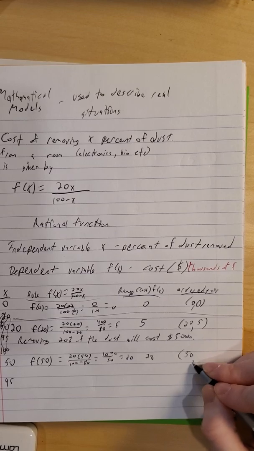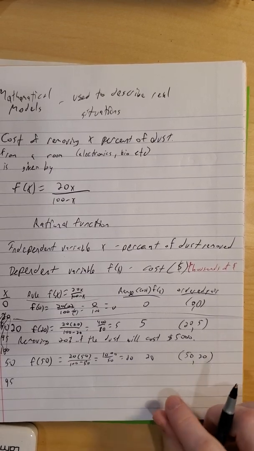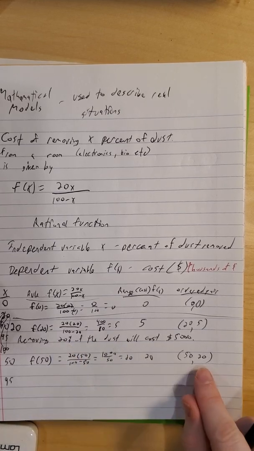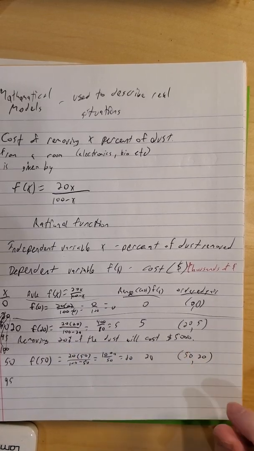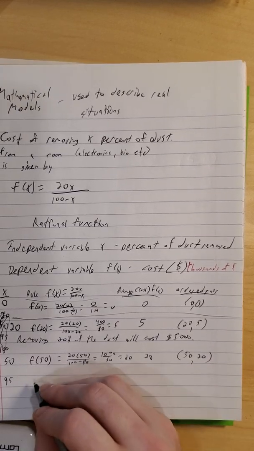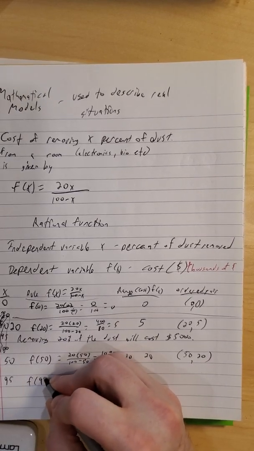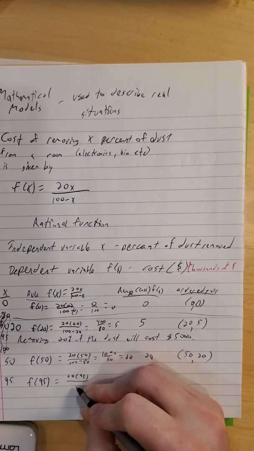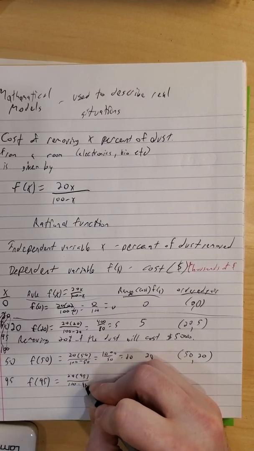So 50 comma 20. So what that actually means, removing 50% of the dust would cost $20,000. f of 95, 20 times 95 over 100 minus 95.